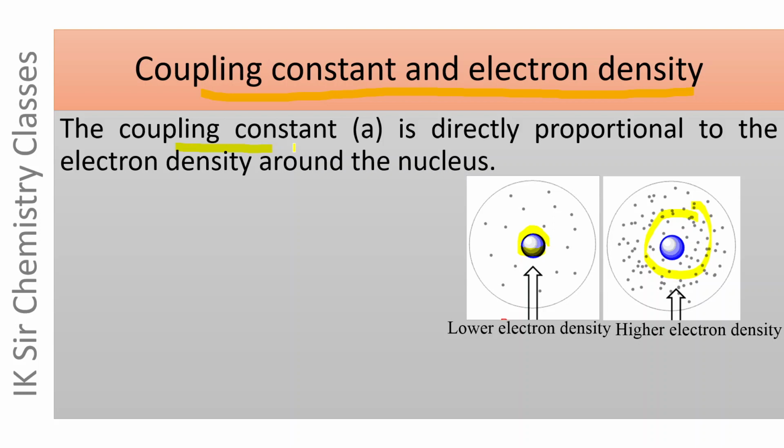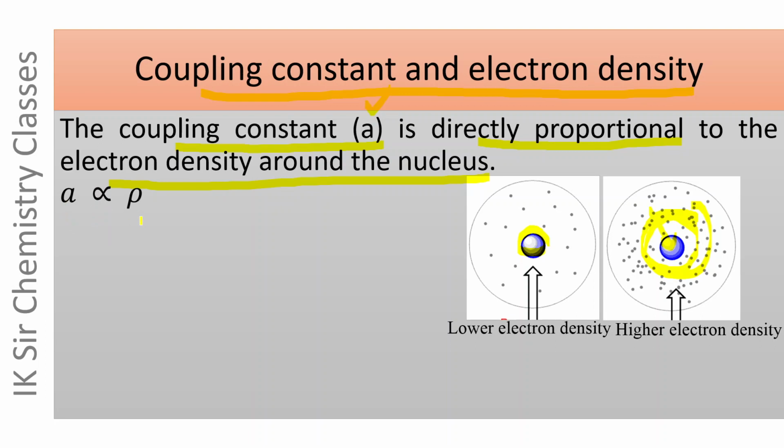The coupling constant A is directly proportional to the electron density around the nucleus. Greater the electron density around the nucleus, the stronger will be the electron nucleus coupling, and consequently higher will be the value of coupling constant A.